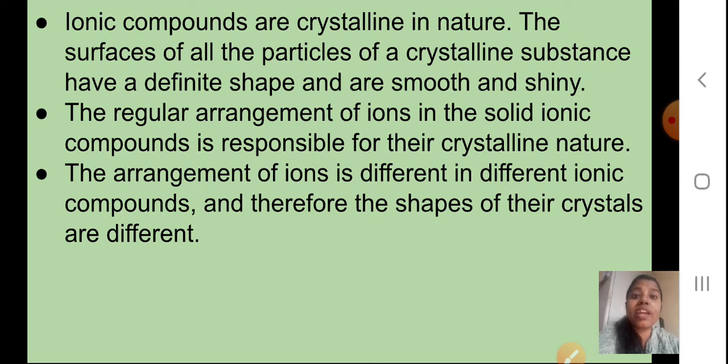The arrangement of the ions is different in different ionic compounds, and therefore the shapes of their crystals are different.